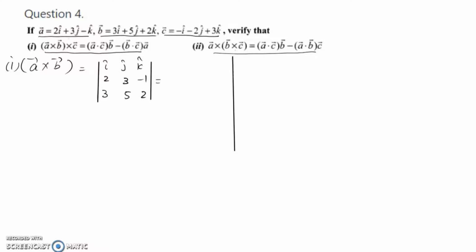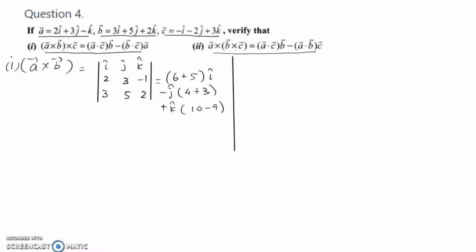So that is equal to (6 plus 5) i cap, minus j cap into (4 plus 3), plus k cap into (10 minus 9).